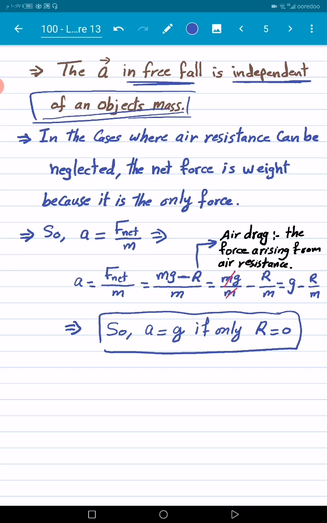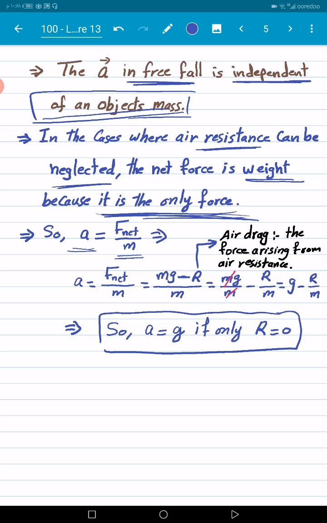In the case where the air resistance can be neglected, but it's necessary to know that the air resistance, the wind, and other things that will have an effect are neglected. The net force is the weight because it is the only force acting. So the acceleration is equal to F net divided by m.